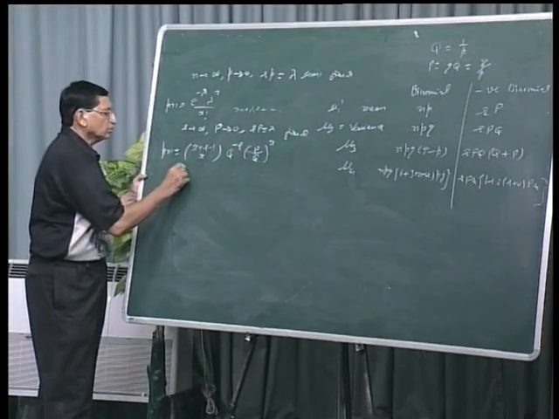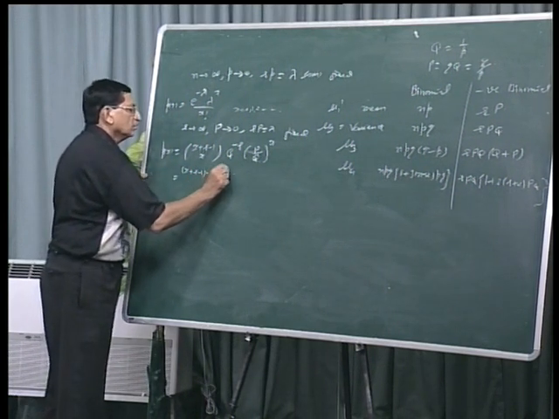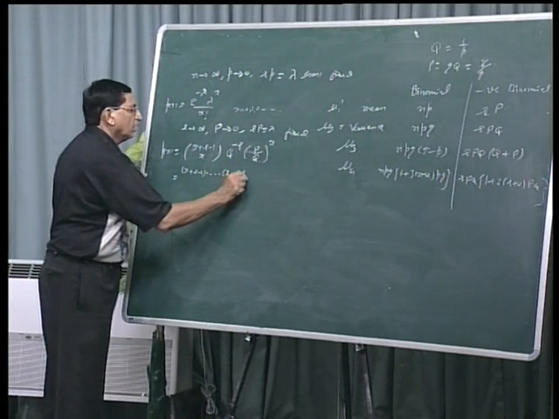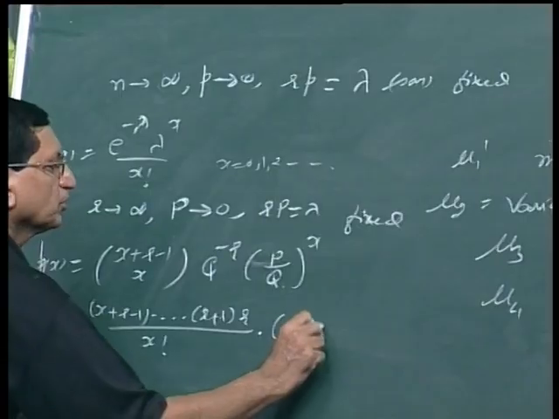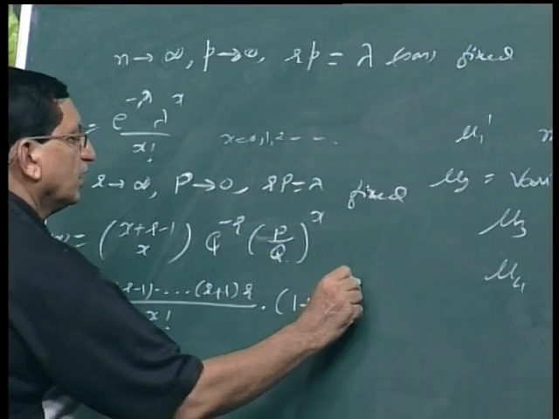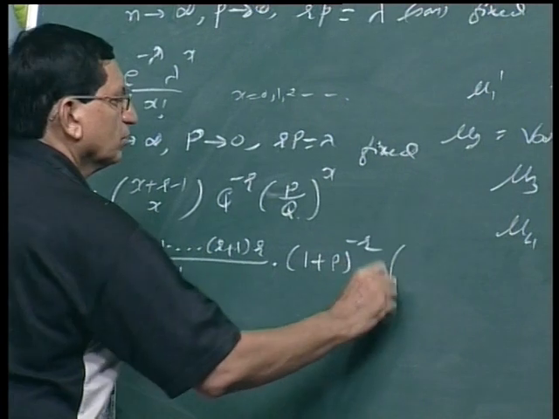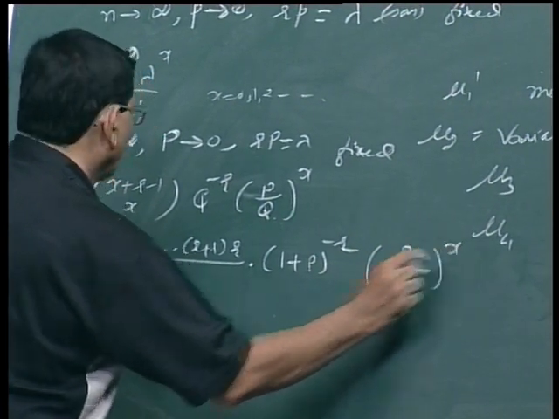Now this is equal to (x+r-1)...(r+1) r upon x factorial, where q means 1 plus P, so q^(-r), and P/q means P/(1+P) raised to x.